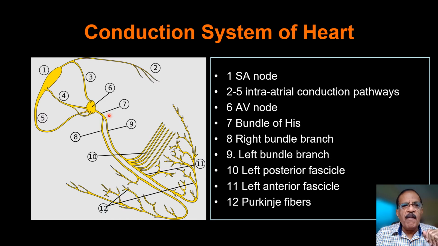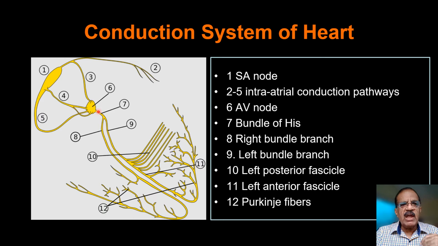Then this common bundle called bundle of His. AV is atrioventricular node. Okay. Now this is bundle of His. His was somebody, some scientist who discovered this, who described its anatomy. This is the common bundle which arises from the AV node and passes on the left side of the septum, interventricular septum. This is the location of interventricular septum.